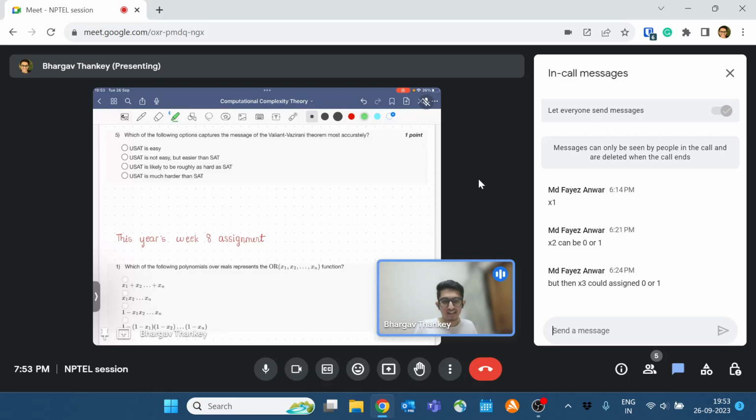So SAT randomly reduces to USAT. There is a randomized polynomial time algorithm such that if you input a yes instance of SAT, it would with high probability output a yes instance of USAT, and if you input a no instance of SAT, it would output a no instance of USAT.